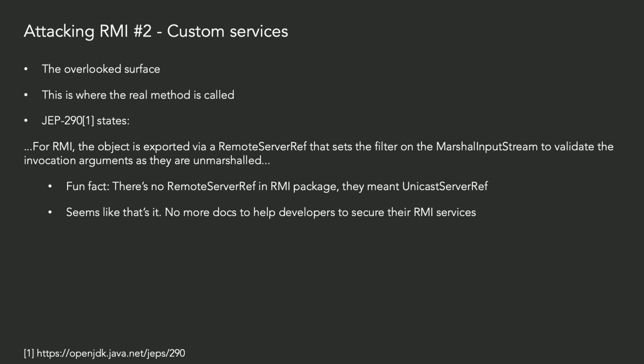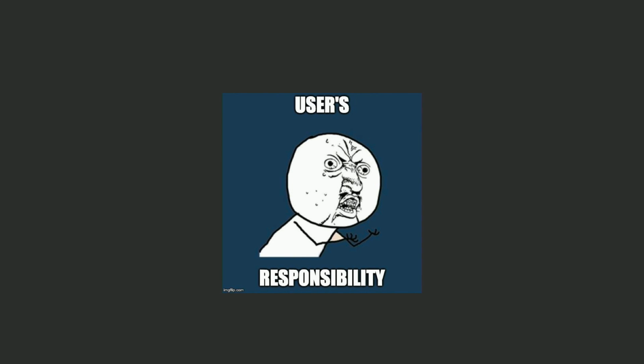JEP 290 also states that users are required to set a filter on the input stream to validate the classes that are able to be deserialized when they are unmarshalled. So yeah, they leave it to user responsibility.